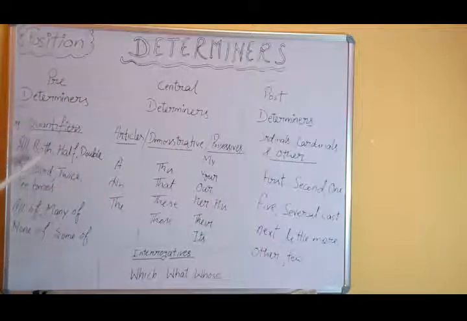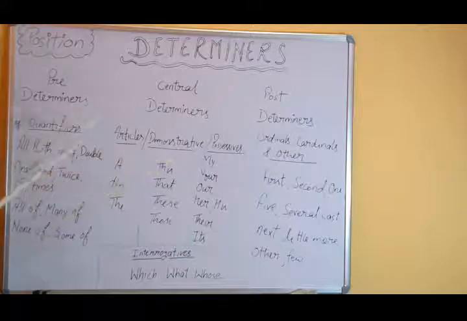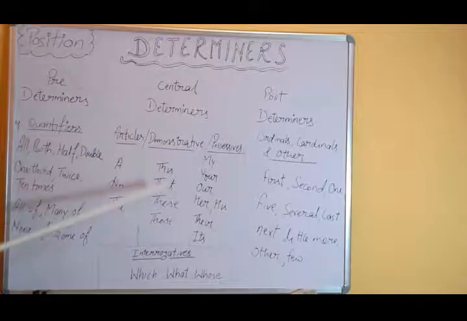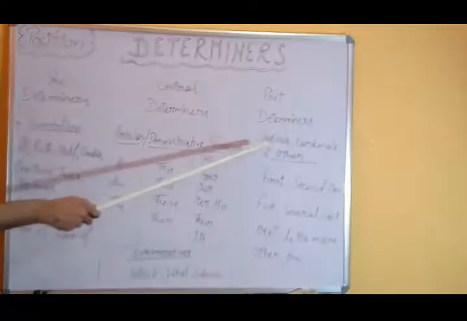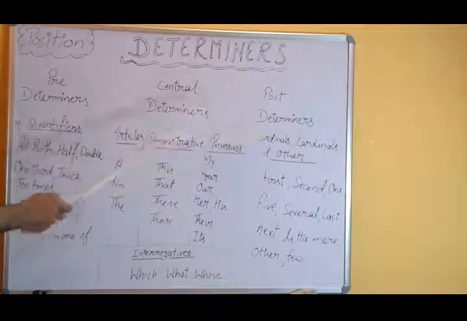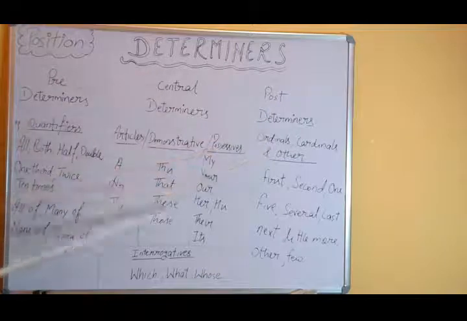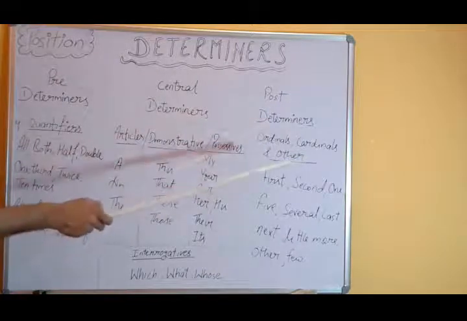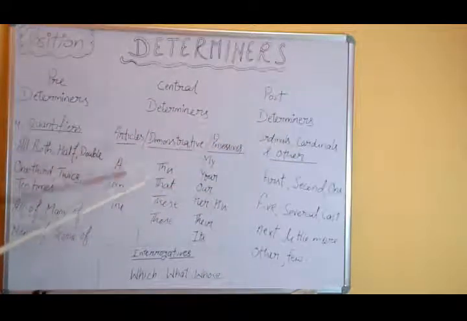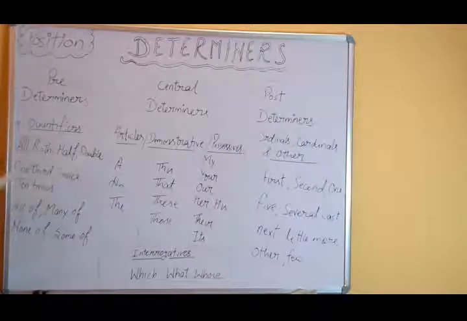Predeterminers will come first if there are two or more than two determiners, central determiners will come in between, and post determiners will follow the central determiner but before the noun. Let us take some examples to understand the position of determiners in a sentence.